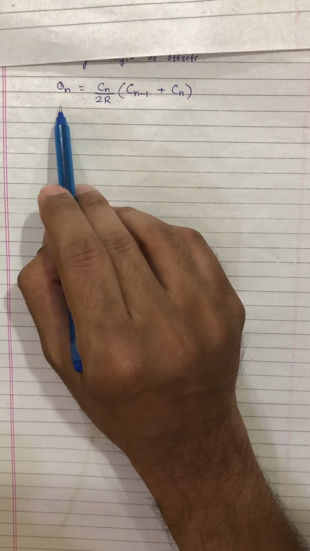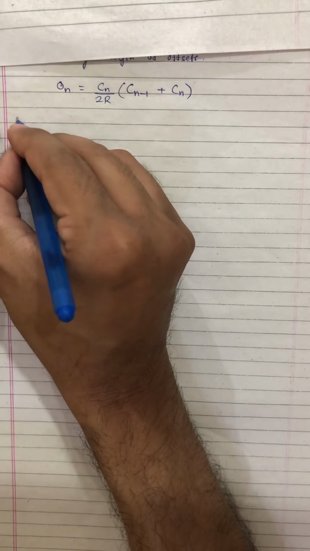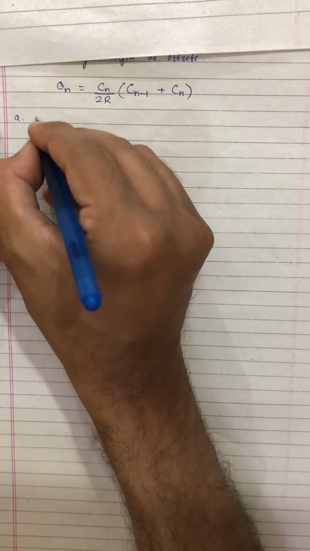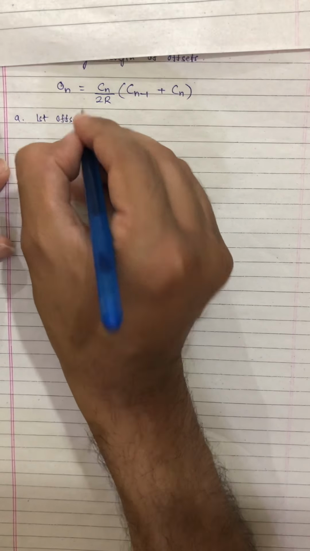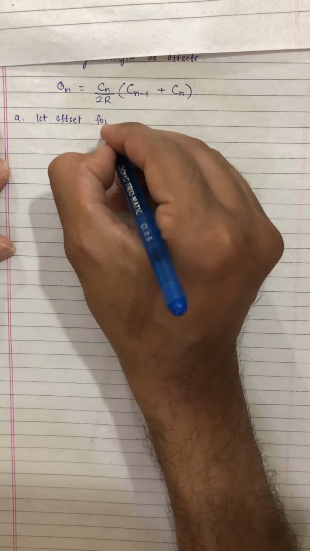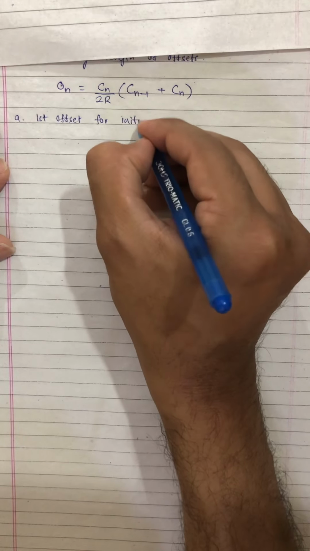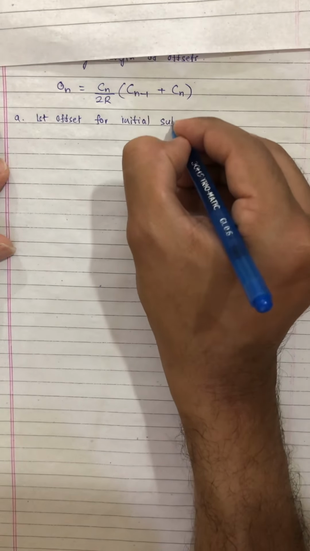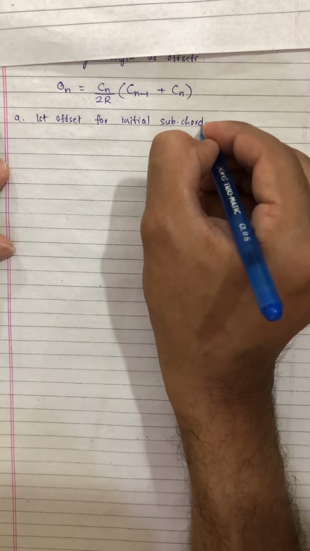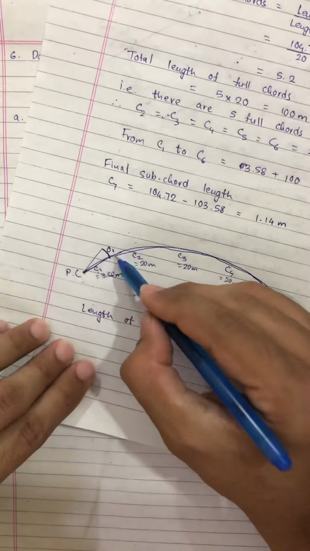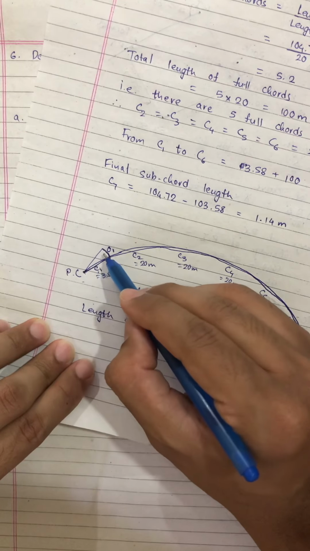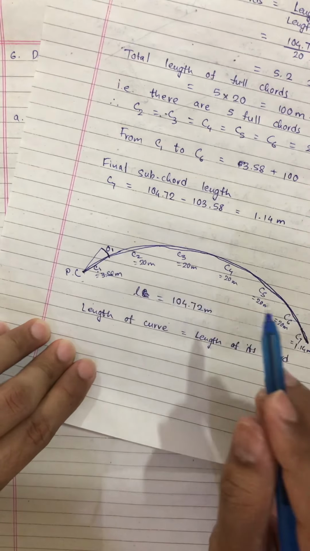First, the offset length for the initial subchord. This is the initial subchord and this is the offset O1. This we have to calculate.